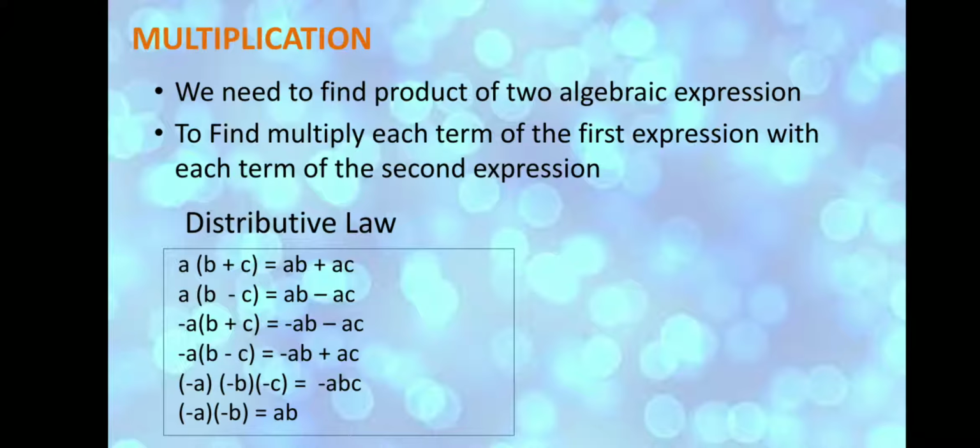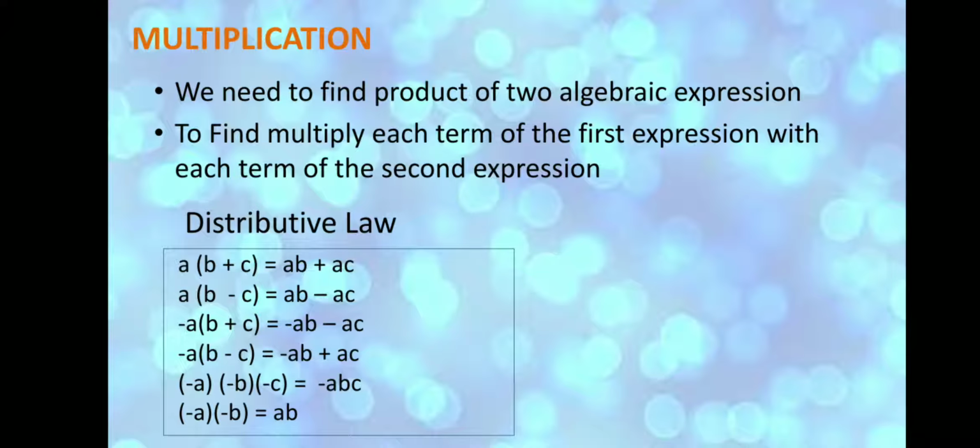Now the fifth one, you have minus a into minus b into minus c, which will turn to minus abc. How is it possible? First you multiply minus a into minus b, which changes into plus ab, because you have the minus symbol in a and also in b, so minus and minus change to plus.